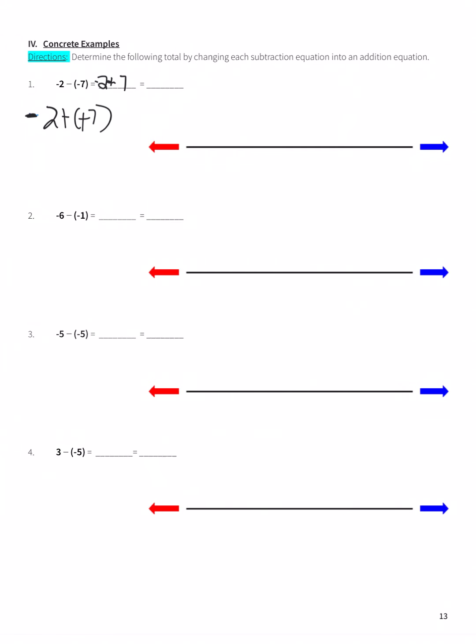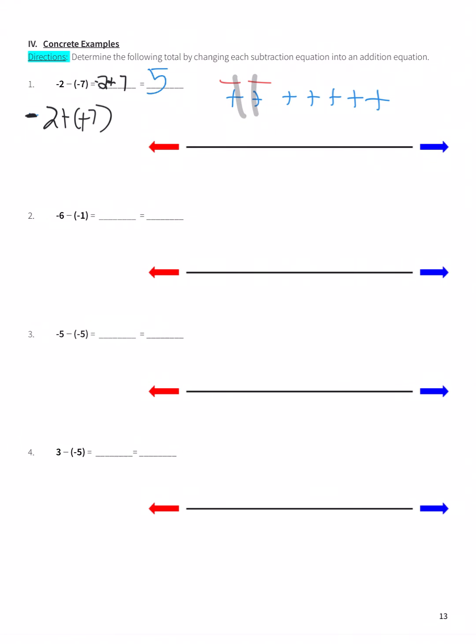And now that we've done that, we can solve by following the rules of addition. We start with -2, and then we add positive 7. 1, 2, 3, 4, 5, 6, 7. Find our 0 pairs. Bam, bam. We're left with 5 positives. So our answer would be +5.